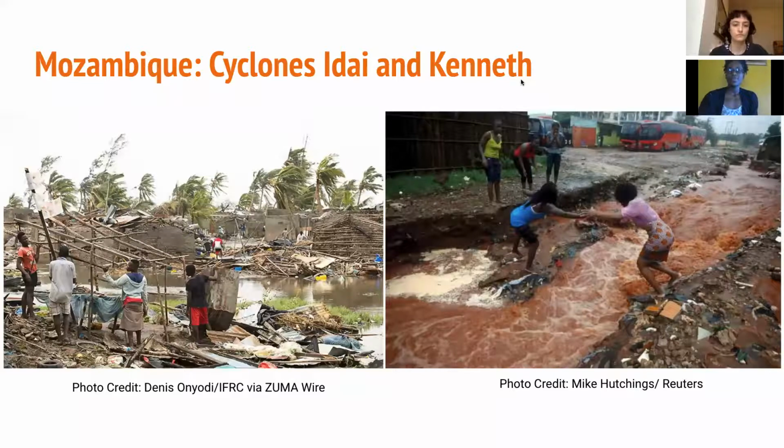So these images illustrate the two cyclones that hit Mozambique consecutively in 2019. 2 million people were impacted and more than 600 people died while more than 1,600 were injured. About 100,000 people were internally displaced.